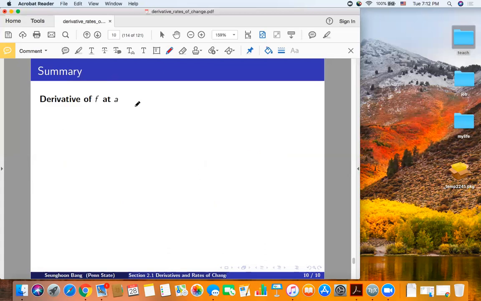One more. What's the derivative of f at a? The limit of f of x minus f of a over x minus a as x approaches a, or the limit of f of a plus h minus f of a over h as h approaches 0. The notation is f prime of a, or dy over dx at x equals a.